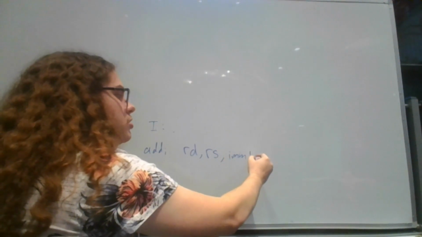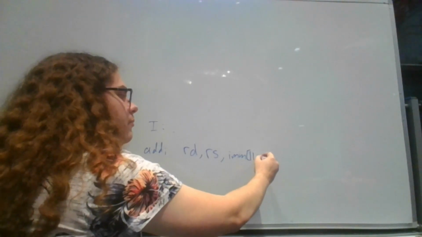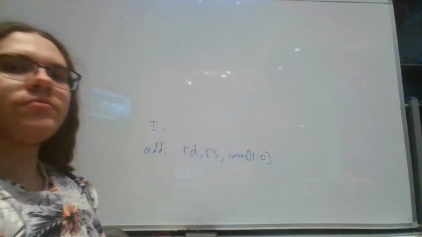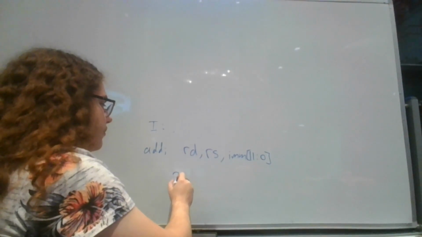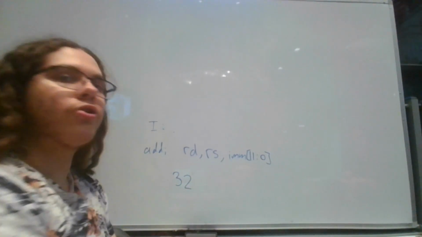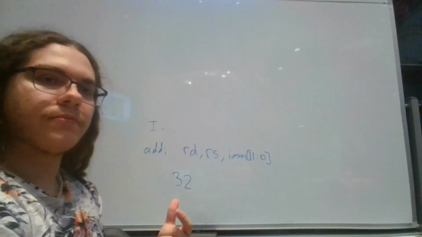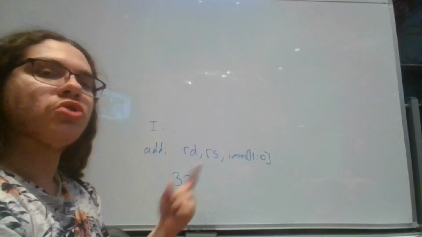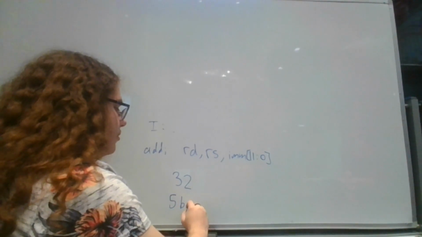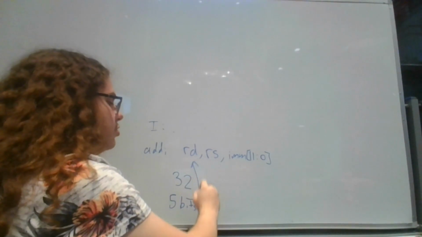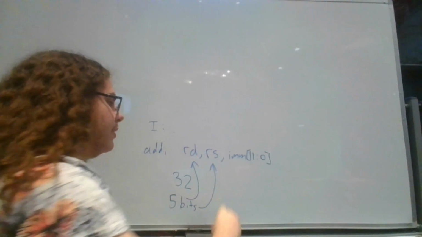And the immediate, like we mentioned, is 12 bits, so bits 11 to 0. So let's talk about how to encode this. In RISC-V, you have 32 registers. To encode 32 different locations to check for a register, you need 5 bits. So you need 5 bits to encode the destination, and 5 bits to encode the source.